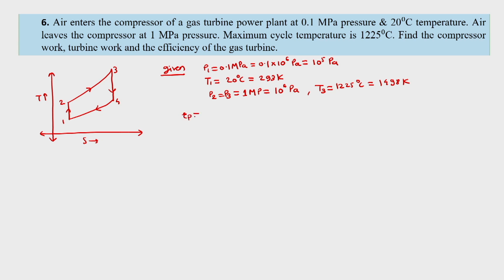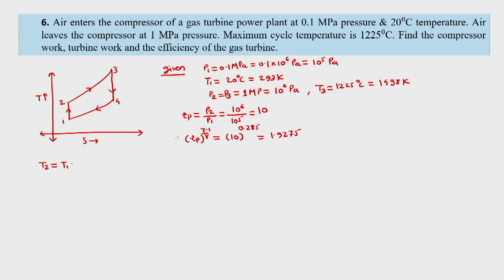So let us start evaluating. We first will find out Rp, and Rp is equal to P2 by P1. So it is 10 to the power 6 divided by 10 to the power 5. So it is 10. So our most important constant is Rp raised to gamma minus 1 upon gamma. So it is 10 raised to 0.285, and it is 1.9275. Let us use this to find out all the temperatures at different corners.